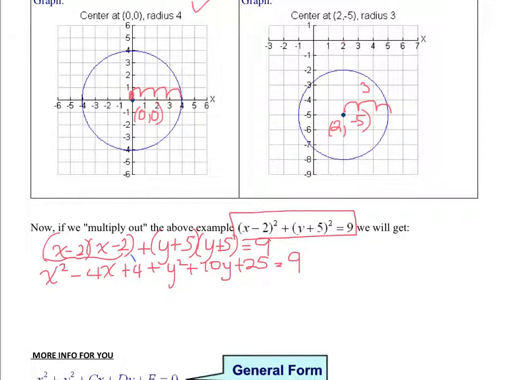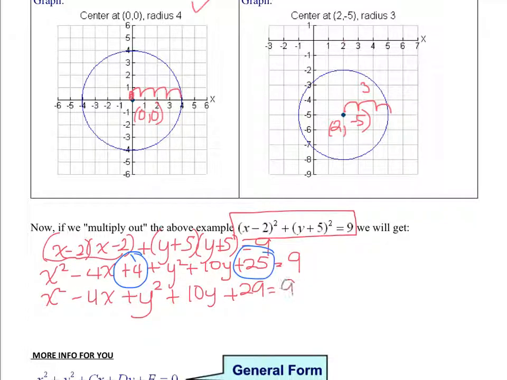Now we're going to group like terms. So we have our 4 and our 25. So we're going to put x squared minus 4x plus y squared plus 10y plus 29 is equal to 9.